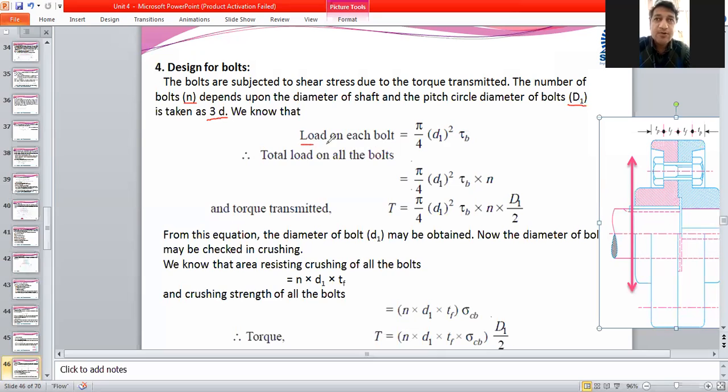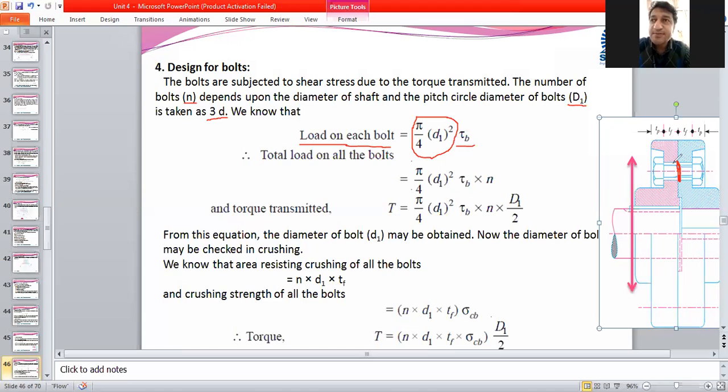Now we'll calculate the load on each bolt. Each bolt is going to sustain a load equal to the stress, we know, load divided by area. The area is what undergoes the shear, because in this case this red flange will try to transmit the torque to the other flange. This blue shaded flange is the receiver and this red flange is the transmitter.